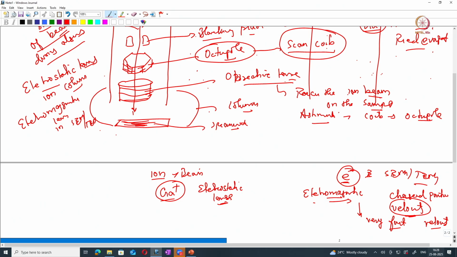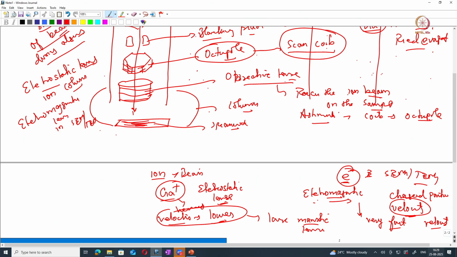But in the case of ion beam, these are much heavier, so the velocity of these gallium ions is much lower as they are heavy. If the velocity is much lower, then they need large magnetic lenses, which is practically not possible, correct?